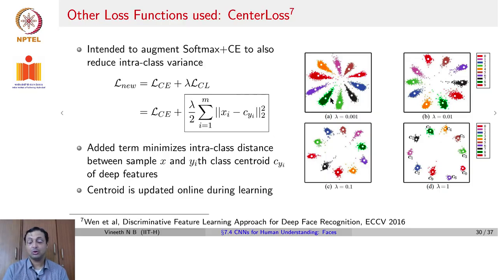And the diagram on the right shows that as you vary the coefficient lambda, which tells you how much you're going to weight that distance to the centroid, you can see that initially when lambda has a very small value, you get a certain separation with respect to the centroid, and as you weight lambda more and more, you see that all the embeddings of a particular class end up going close to the centroid, which are given by these white dots in each of these classes.